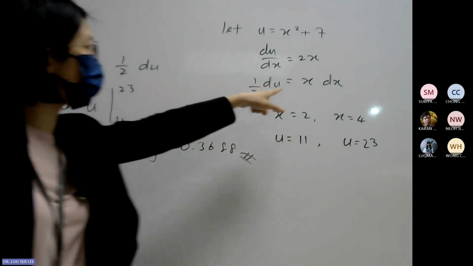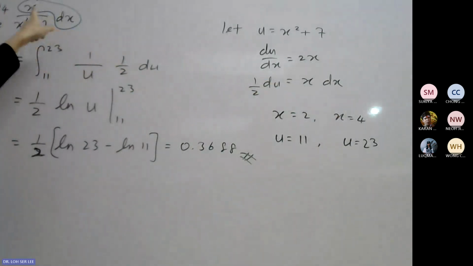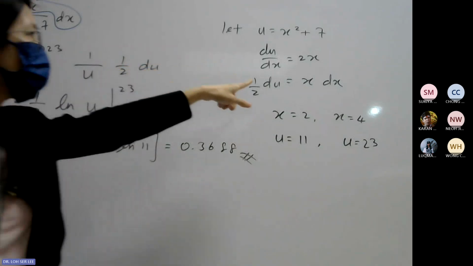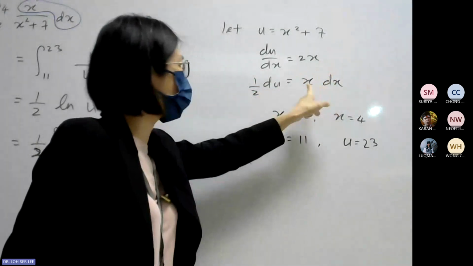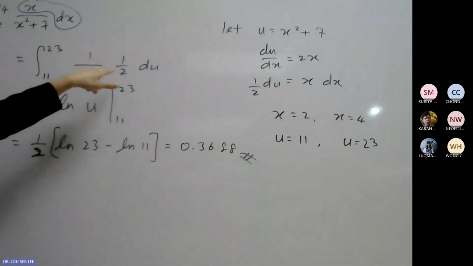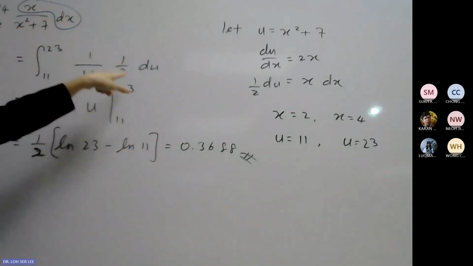We want the x dx here because after we change everything that we can into u, x dx is left. So we want to change the x dx into something in u. We found the x dx here, and we found that this is half du. So we replace this by half du.